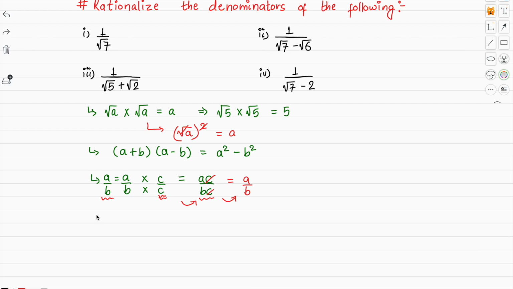For example, let's put some numbers instead of a and b in our fraction. Let's say we have 3 divided by 5. What we can do with this fraction is multiply both the numerator and the denominator by the same number. It could be any number, but it needs to be the same. Let's say we multiply both the numerator and the denominator by 6. Then what would we get?